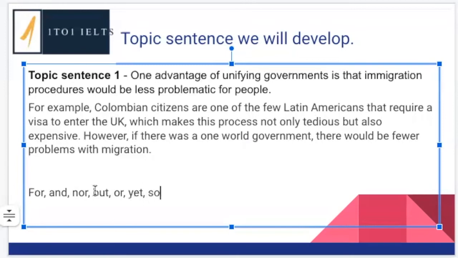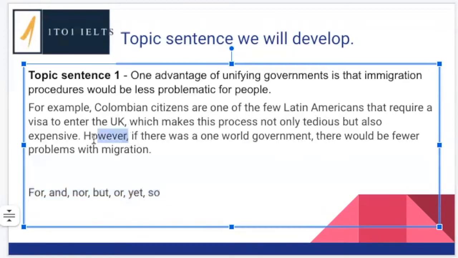Sorry. There we go. So coordinating conjunctions are often known as FANBOYS because they spell out F-A-N-B-O-Y-S. These are words that should not start sentences. So what should you do if you wanted to use one of these? How do we use coordinating conjunctions?